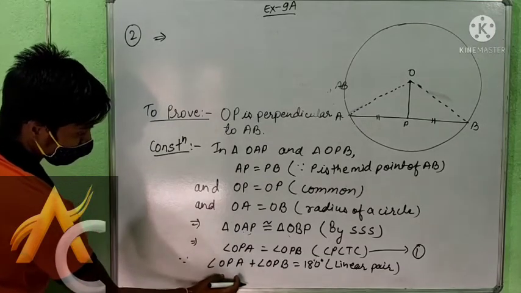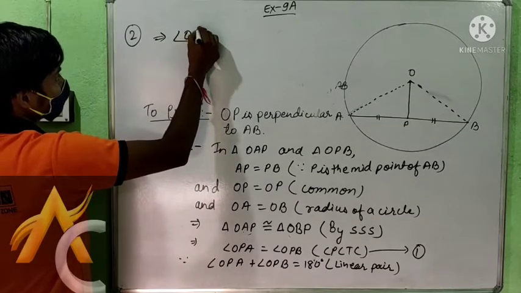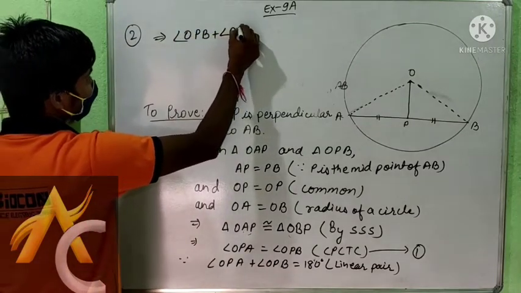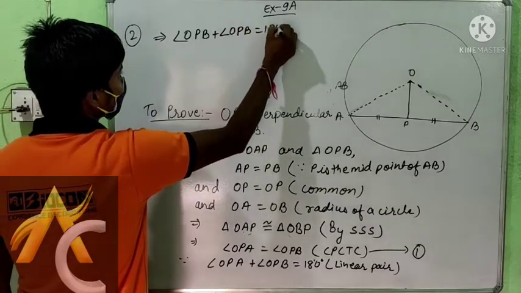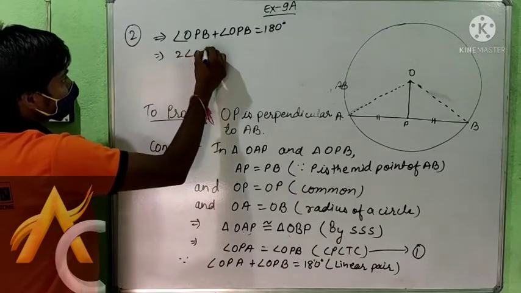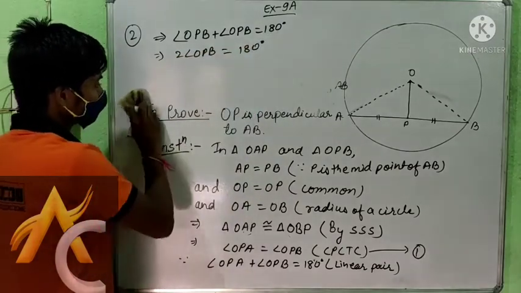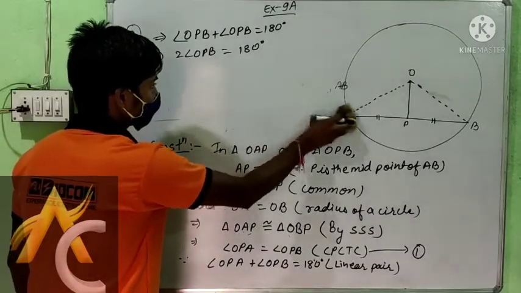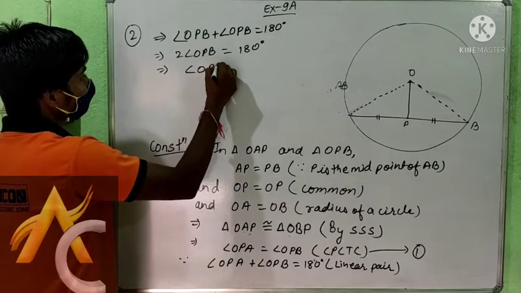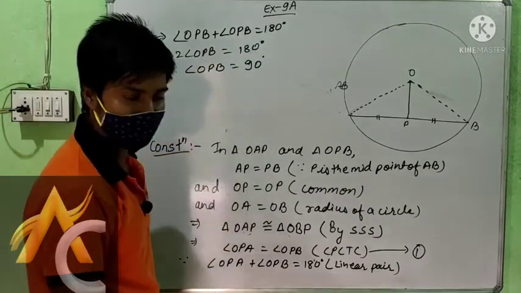So we will write here OPB and here also OPB. That implies angle OPB plus angle OPB is equal to 180 degrees. Now angle OPB plus OPB is 2 angle OPB, equal to 180 degrees. That implies angle OPB is equal to 90 degrees, because 180 divided by 2 is 90 degrees.